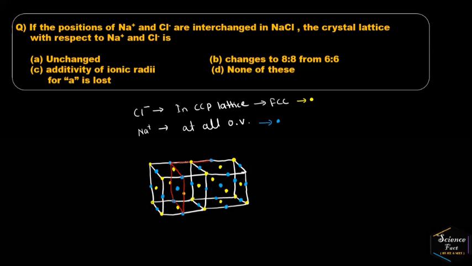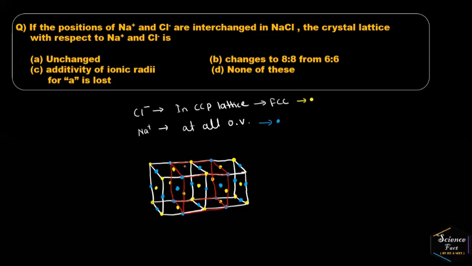You can see that in this structure, all corner atoms are sodium, that is, sodium ions are present at all corners.